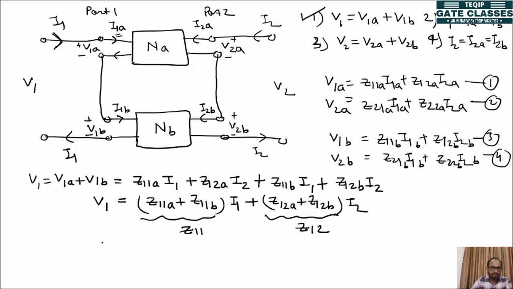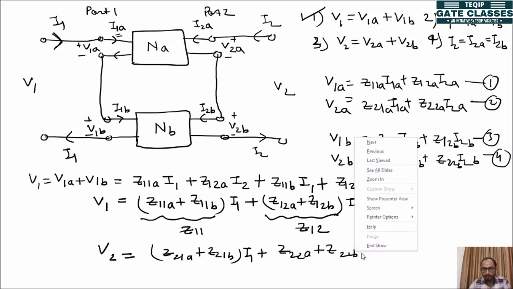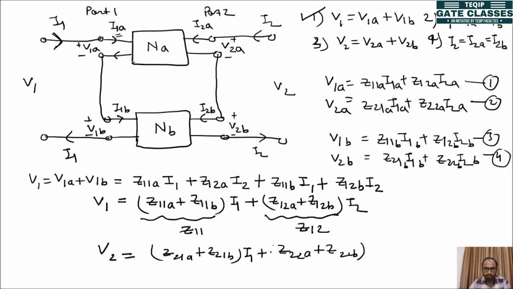Similarly, you can also get V2 is equal to (Z21A plus Z21B) I1 plus (Z22A plus Z22B) I2. Again, this whole term will become the complete Z22, and here Z21.